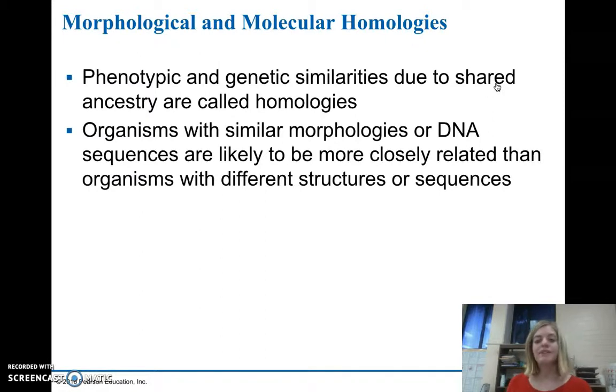If they have the same ancestor, that's where we get the root homo, then they are considered to be related. And if they have similar morphologies or very similar DNA, then usually scientists will hypothesize that these organisms are more closely related than organisms that have different structures or sequences, which makes sense.